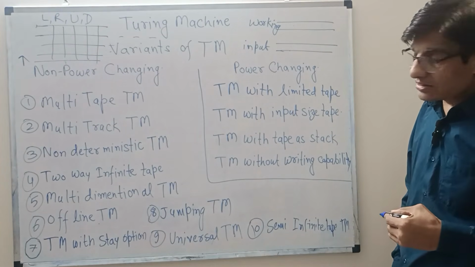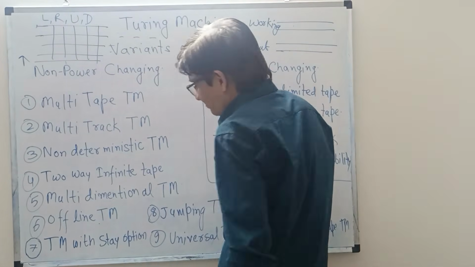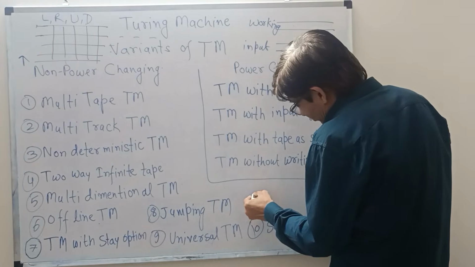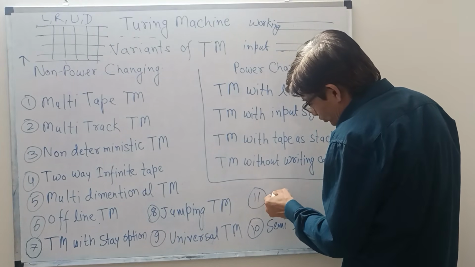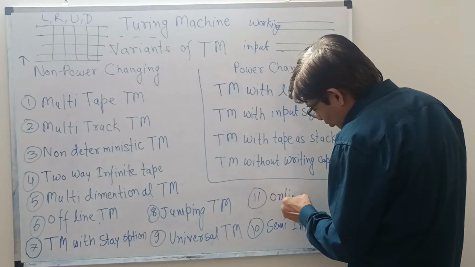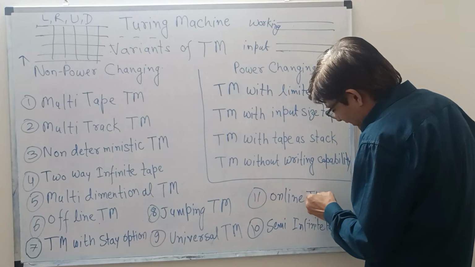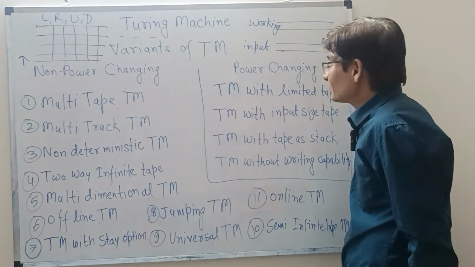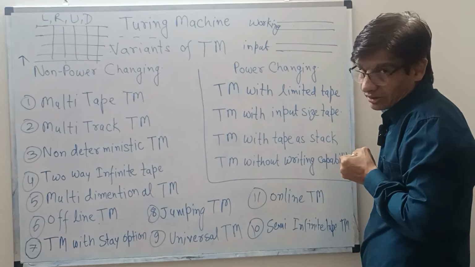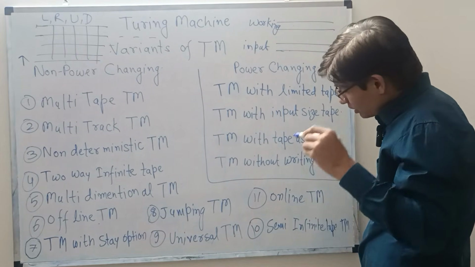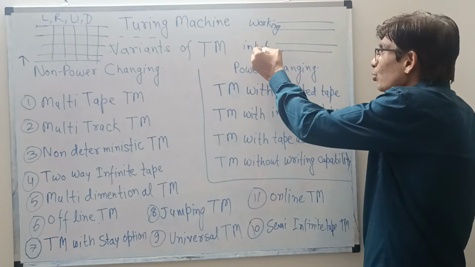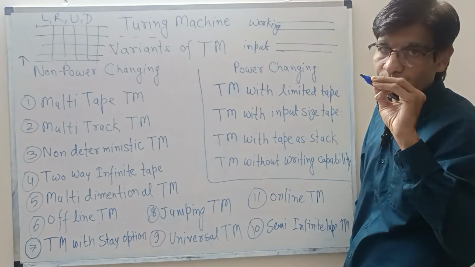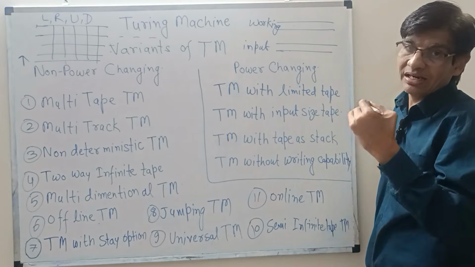Now, if I consider this offline Turing machine, then obviously the next question may be: what is an online Turing machine? You can consider this as one more variant of the Turing machine. In an offline Turing machine, you have a separate tape for input and a separate working tape. Now in an online Turing machine, both tapes are combined, or you use only a single tape as both input tape and working tape.